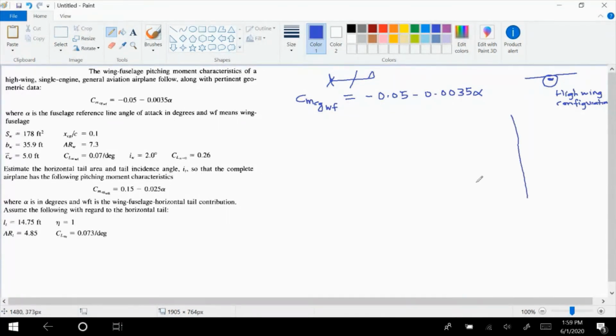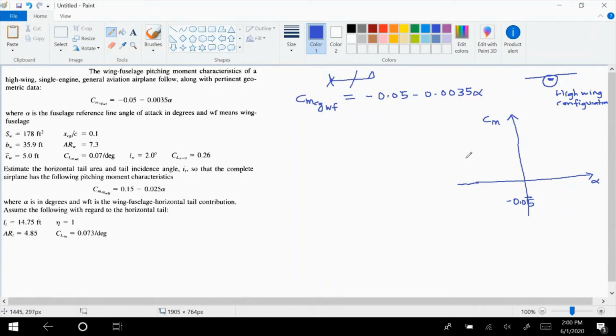So just for the sake of discussion, if I make a plot of Cm versus alpha, then alpha equals 0, then Cm,CG is negative 0.05. So let's say this is my negative 0.05, and this will be negatively sloped because it's a negative, right?